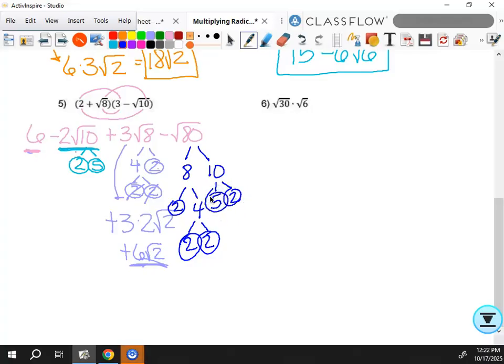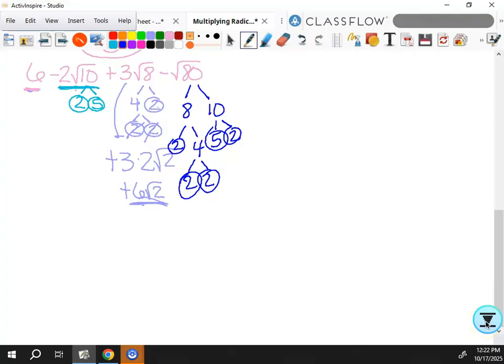Right. Then I don't want to lose the fact that I have this negative, so pay attention to that. So that's a negative. And then these 2's can come out as a 2. These 2's can come out as another 2. This 5 stays inside. So that's minus 4 square roots of 5.